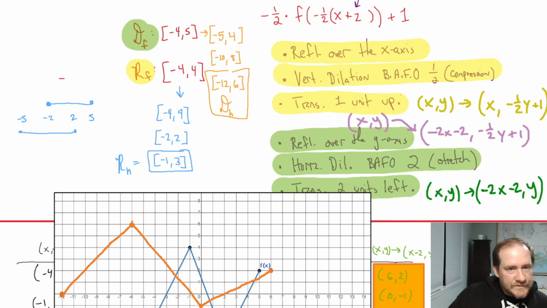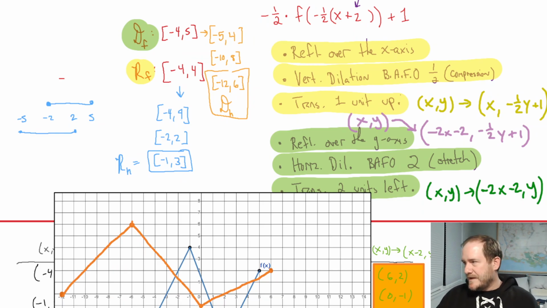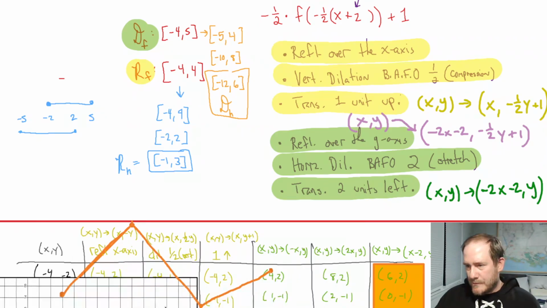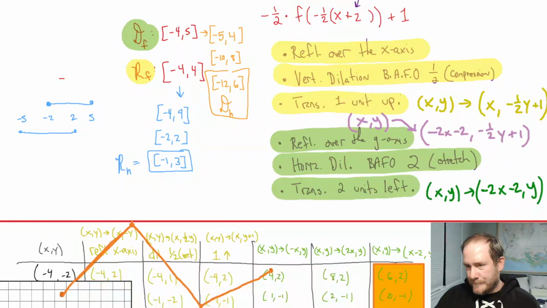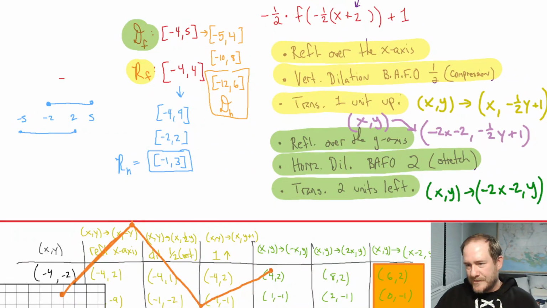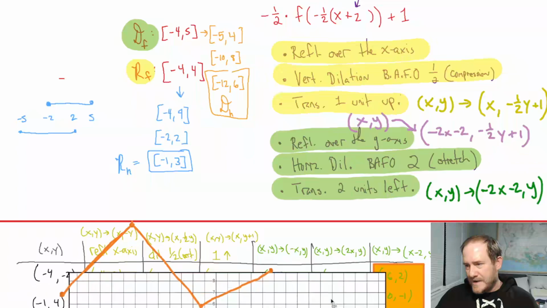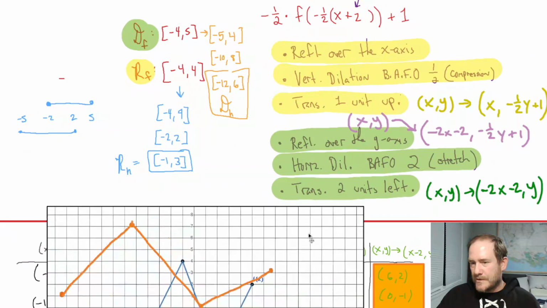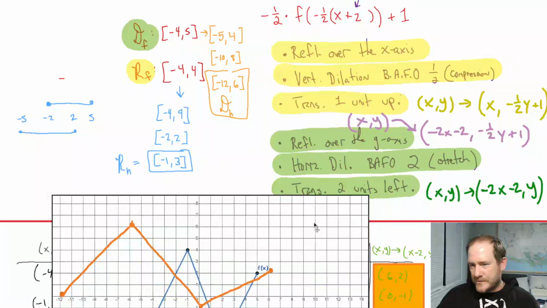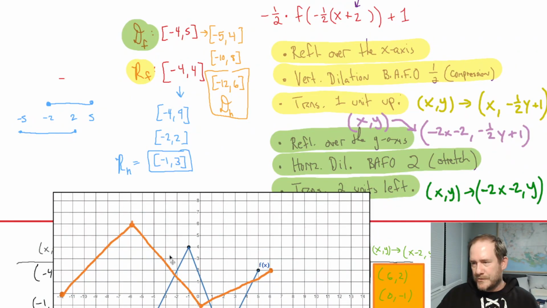So again, however you're comfortable doing this is fine by me, and it's probably fine by your teacher too. I don't believe any of us are going to actually ask you to build this whole multi-columned chart where you literally come up with the coordinates after every single transformation. That's overkill. I wonder where this was supposed to be. Negative 12, 0 is that point, so it's supposed to be right there.